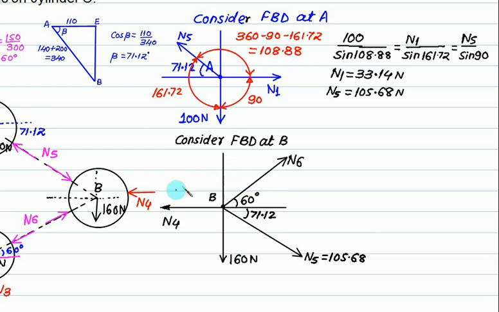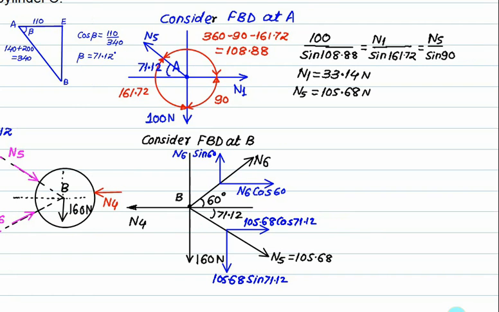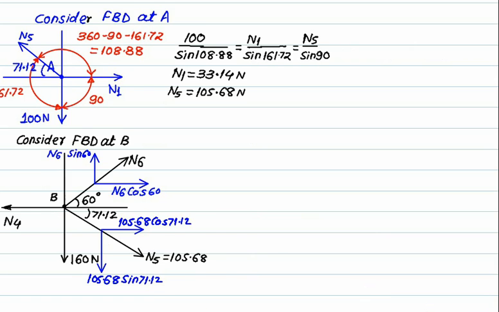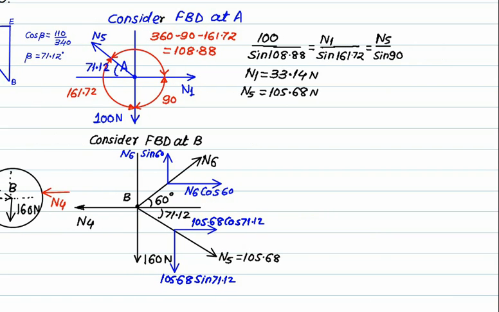Now this time we have four forces, so we have to apply sigma Fx and sigma Fy. But before this, you have to resolve the forces. I told you, divide your page into two parts: on one side write sigma Fx and on the other side sigma Fy.